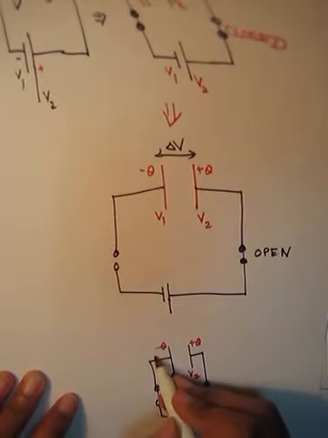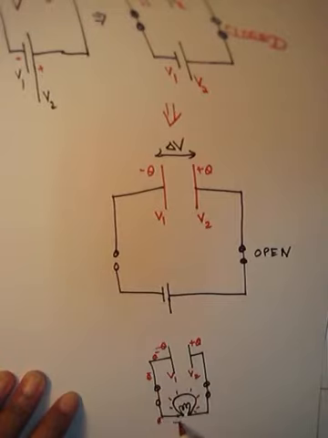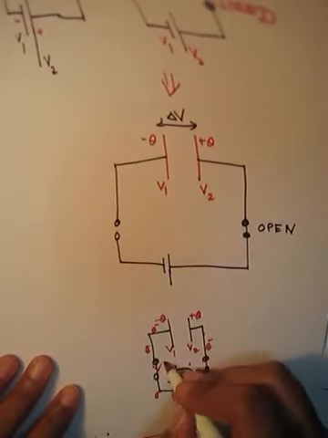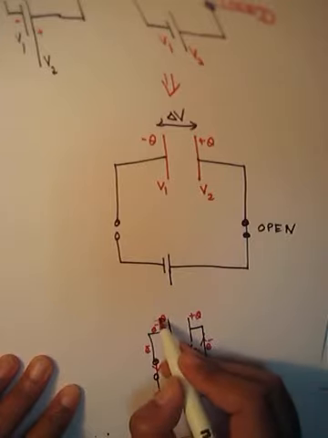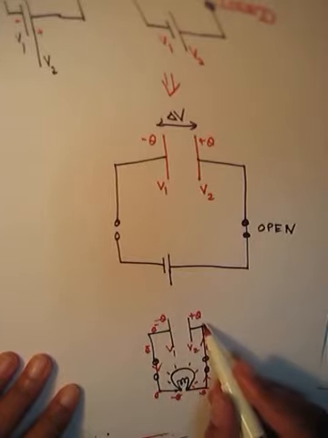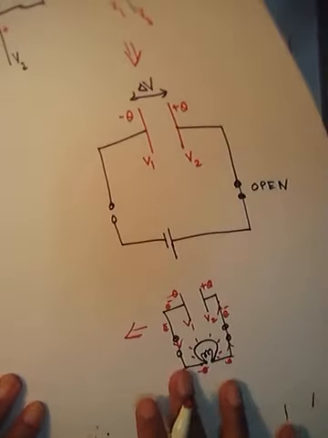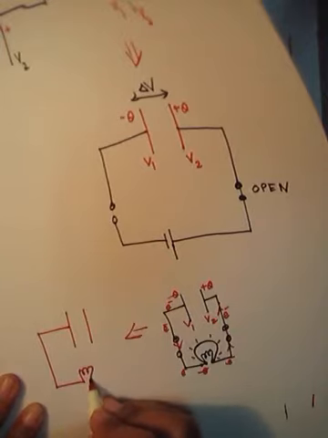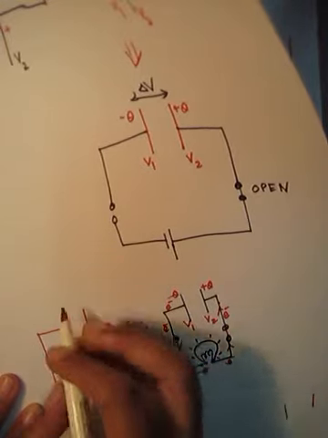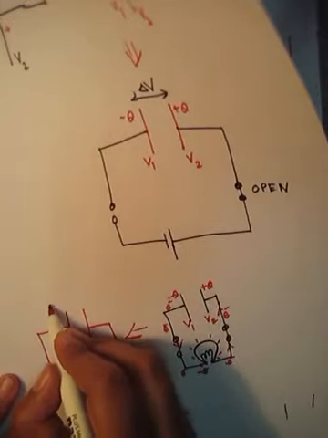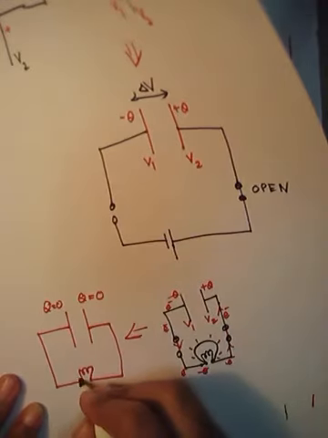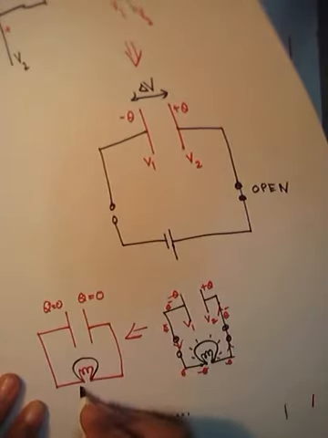This charge will flow again from here to here. So it will lose this negative charge and it will lose the positive charge, and after some time you will again have a zero charge here. So here charge will be 0 and here also the charge will be 0. And the bulb will stop glowing.